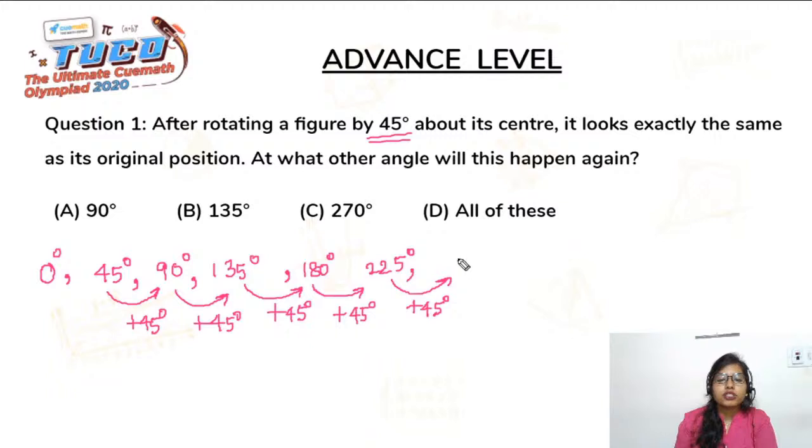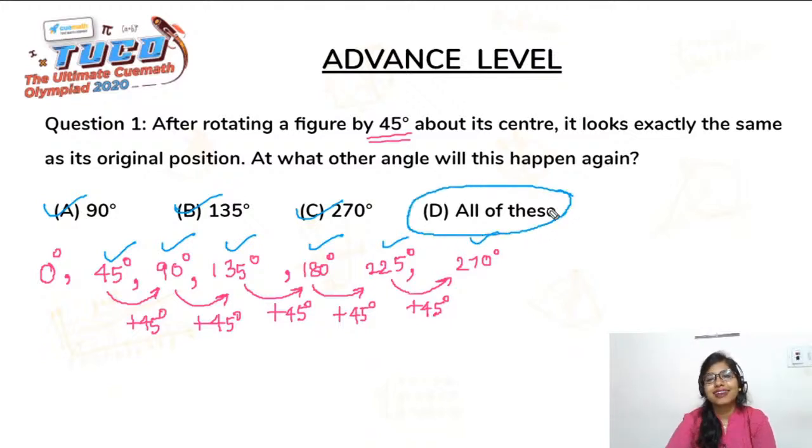I would be getting 270 degree, and this keeps continuing, right? So if you notice, they are asking at what other angle will this happen? So we notice that on every 45th angle's rotation, we are getting back the same figure. So among all of these, we have 90 as well, we have 135 as well, we have 270 as well. So as in, can I say that option D is our right answer? That's all of these. Yes.